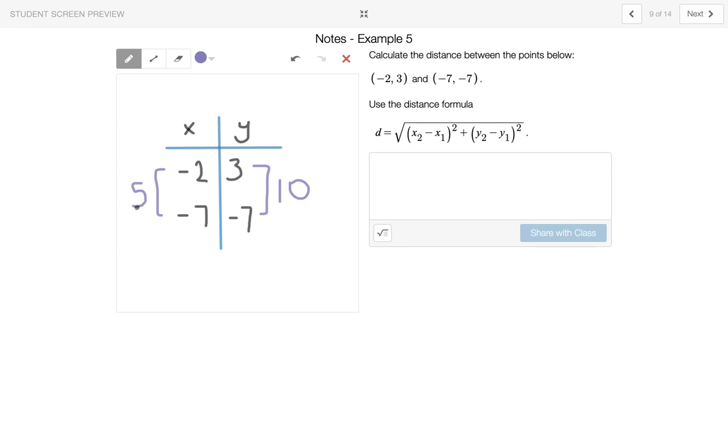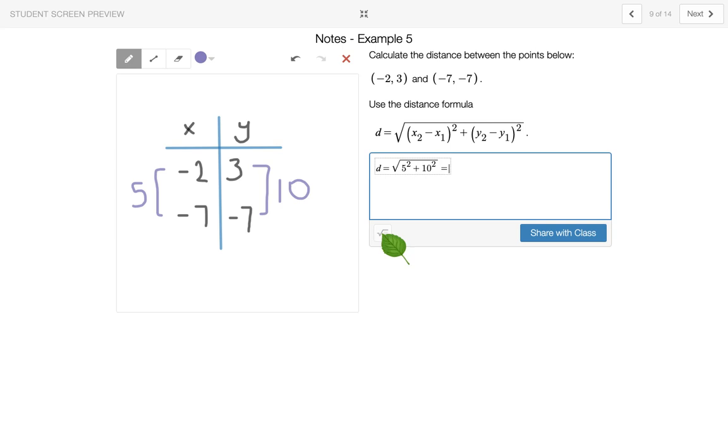So then we're just going to plug these numbers in to our formula. x2 minus x1 is the horizontal distance between the 2 points, 5. y2 minus y1 is the vertical distance between the 2 points, 10. So we're going to write d equals the square root of 5 squared plus 10 squared.